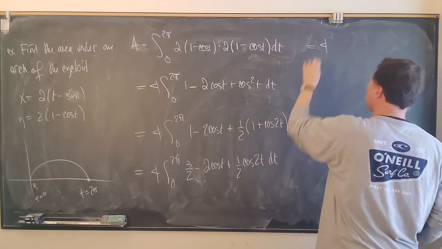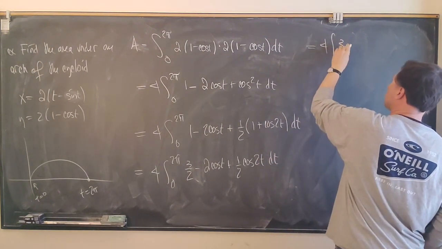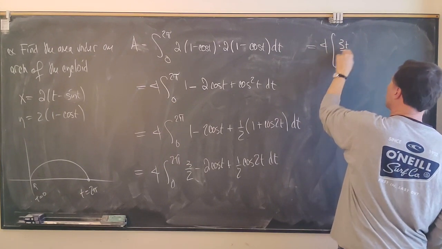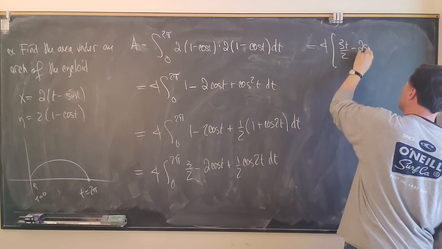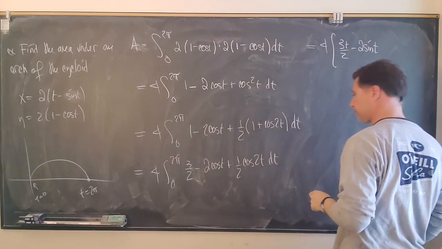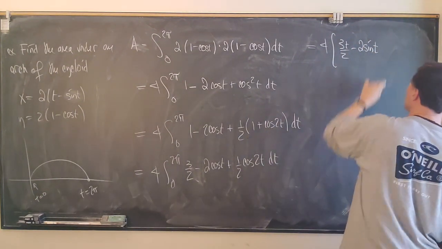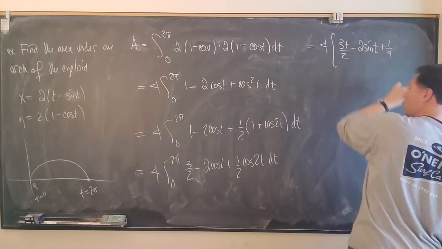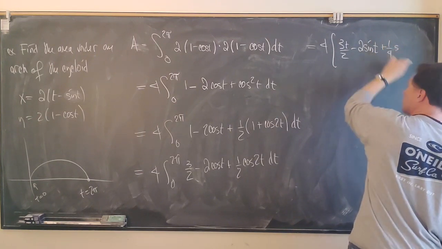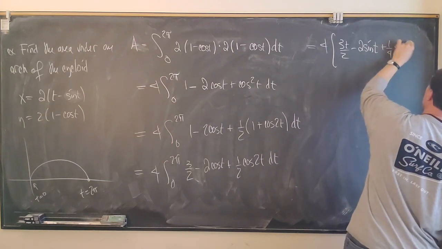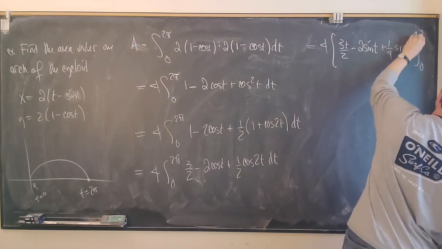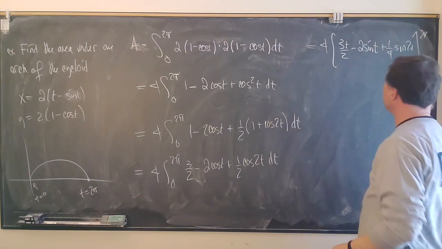So that's going to be 4 times 3t over 2 minus 2 sine t plus 1/4 sine of 2t. And we're going from 0 to 2 pi.